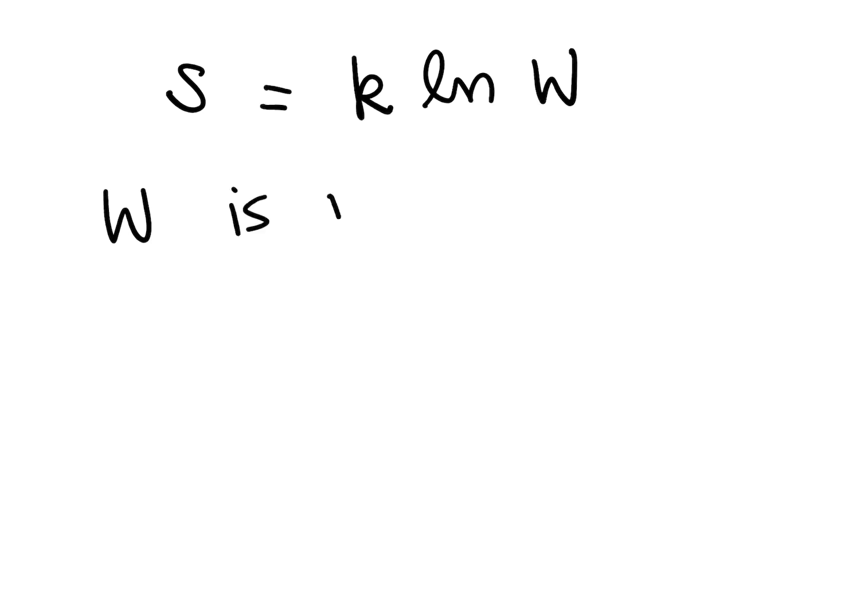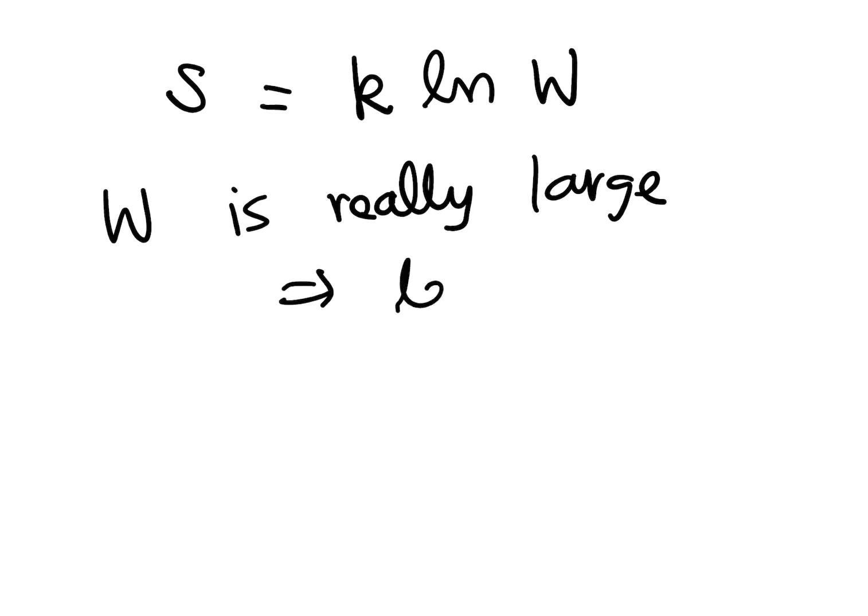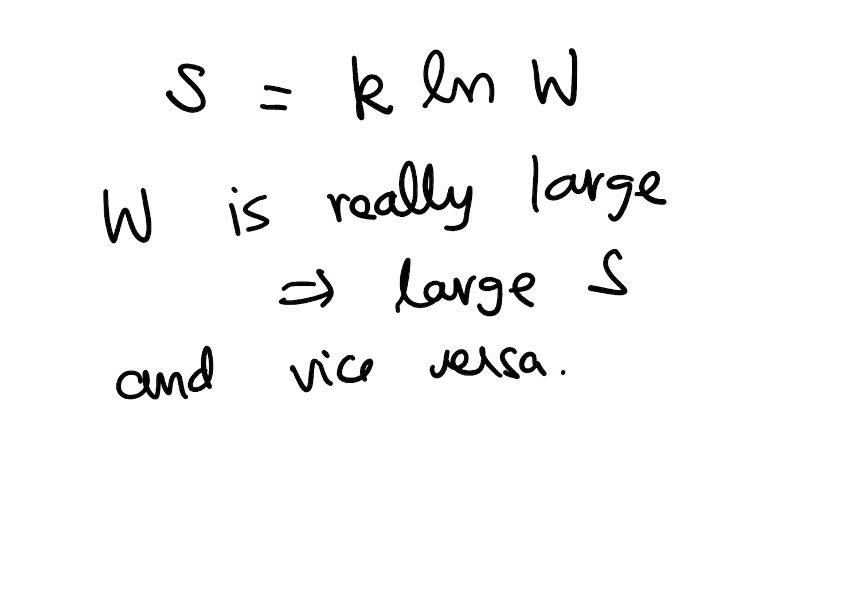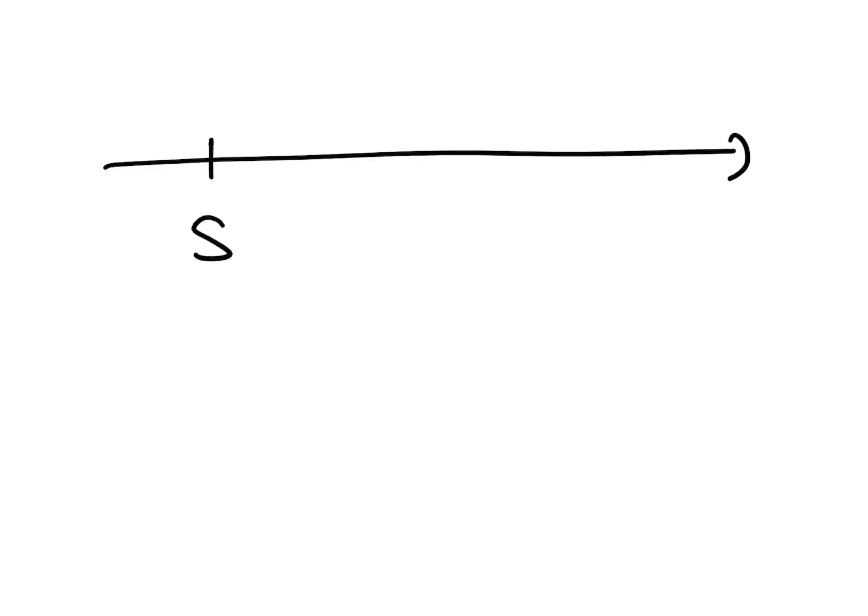So we talk of entropy as K ln W, and if W is really large, that implies large entropy, and vice versa. Now you can think of solid, liquid, and gas. Suppose you start with the gas and reduce the temperature.